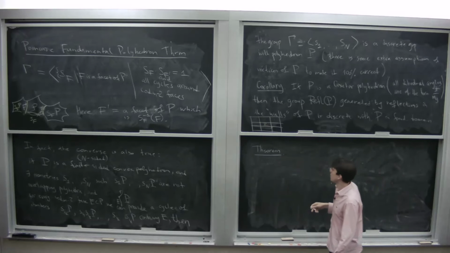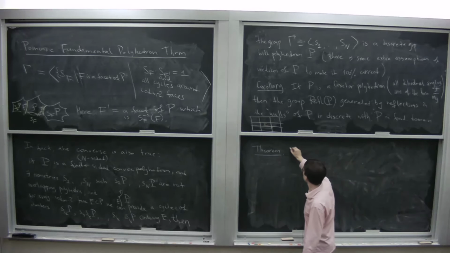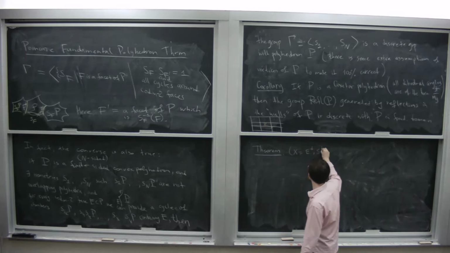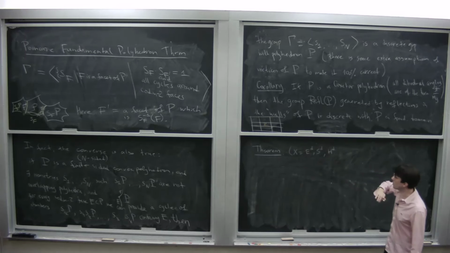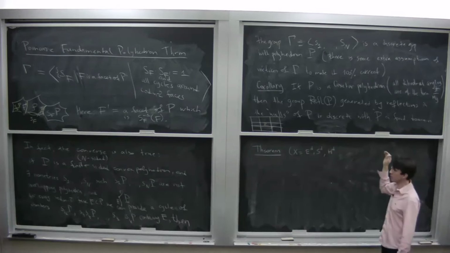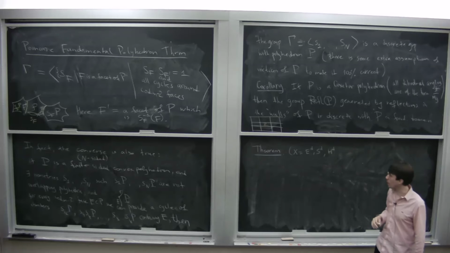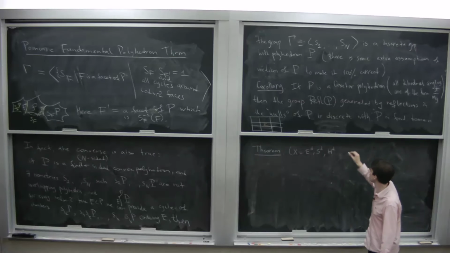Okay, assume that here X is the Euclidean space, the sphere S^D, or the hyperbolic space H^D. In fact, it is also true for some other class of relatively good spaces.